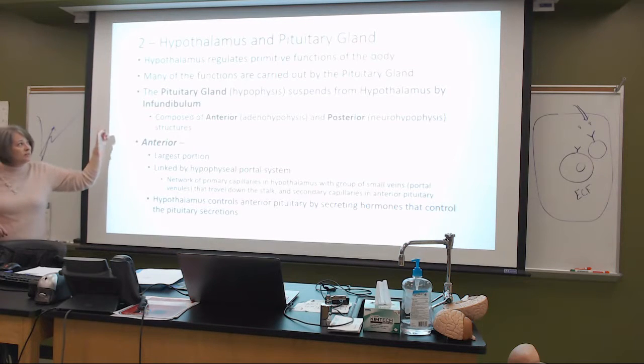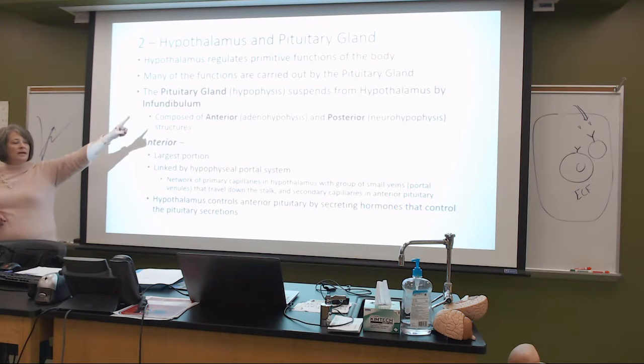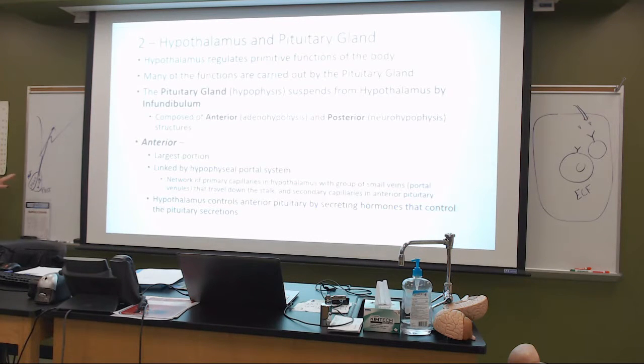Now, the pituitary gland itself, it's made up of an anterior and posterior portion. Like I was showing over here, where we're going to have an anterior and a posterior. Another name for the anterior portion is adenohypophysis, and the posterior is neurohypophysis, telling me that the posterior portion is nervous tissue and the anterior portion is cellular.